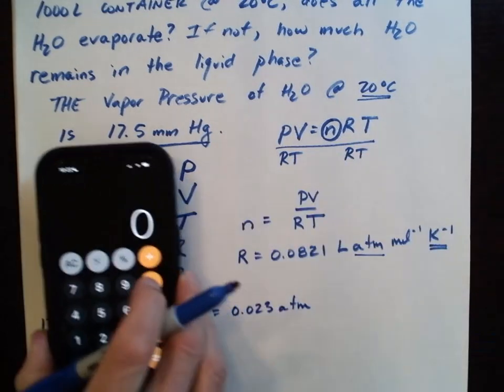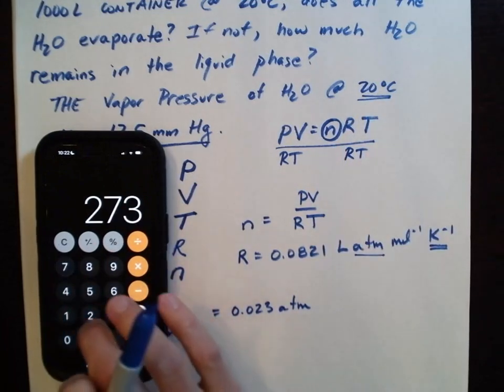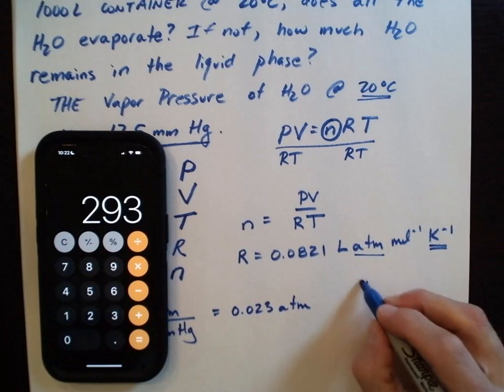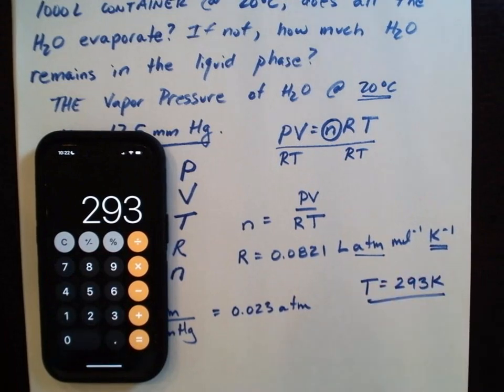And then for our Kelvin, we're just going to add 273 to 20, and our Kelvin temperature is going to be 293 Kelvin. That gets us everything we need, right?